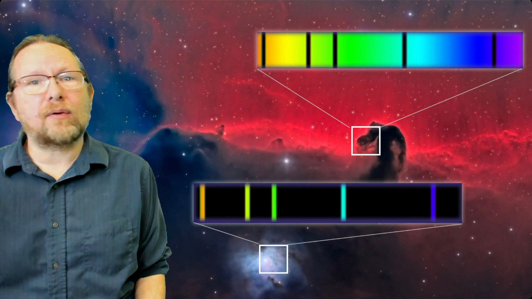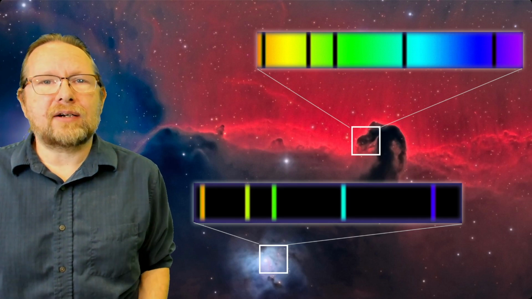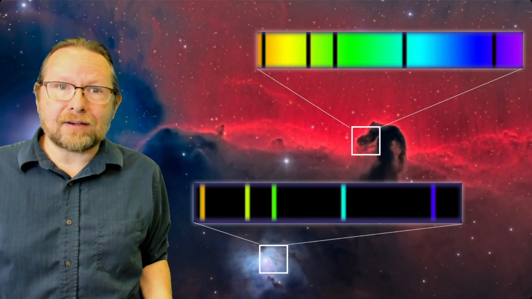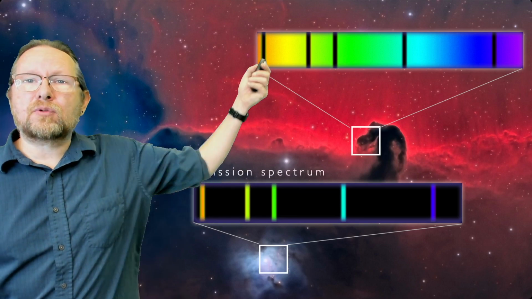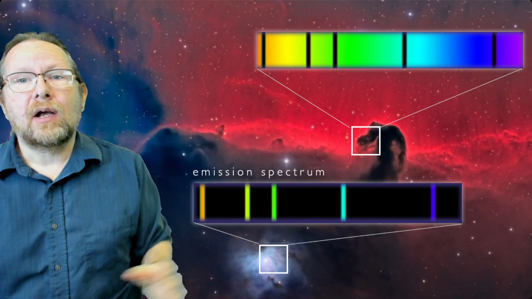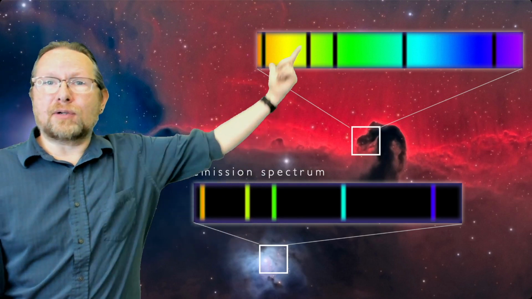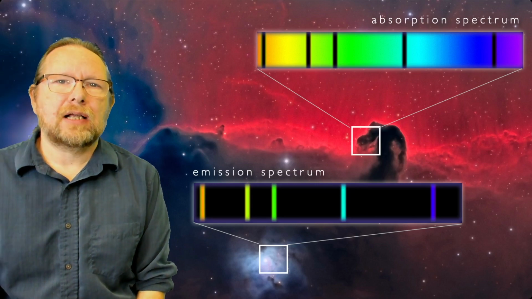The position of those lines corresponds to different energies, and those different energies correspond to the energy levels of the electrons in the atoms that make up that gas. So an emission spectrum and an absorption spectrum are sort of mirror images or inverses of one another. Hydrogen gas, for example, when it emits light, if that gas absorbs light, it absorbs those exact same frequencies or wavelengths of light.